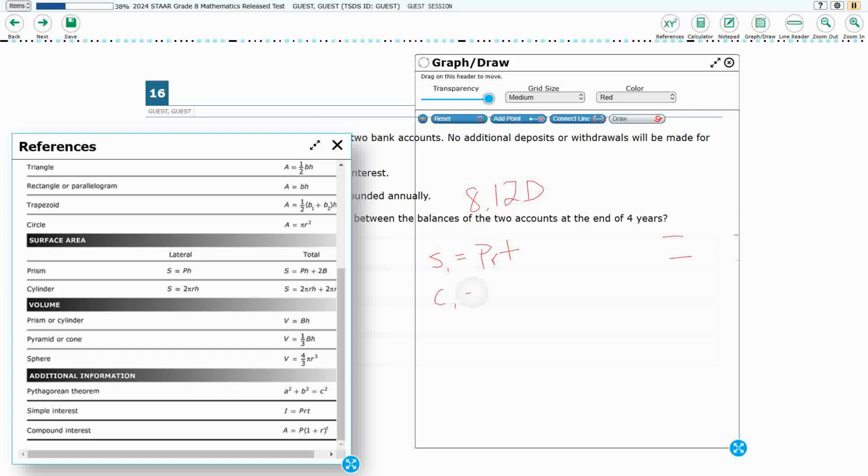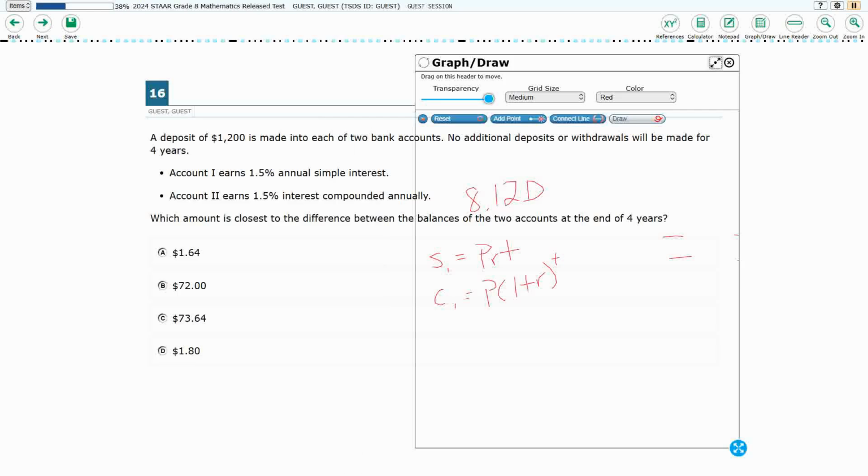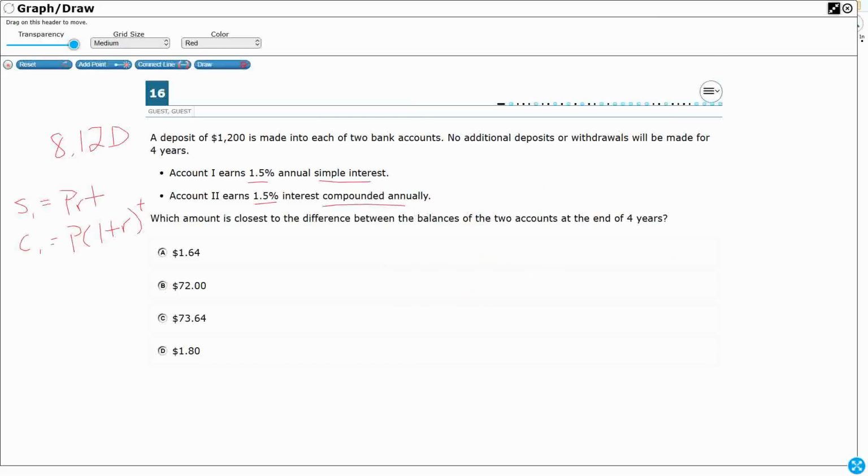C sub I is going to equal P times 1 plus R, raised to the T power. Now, here's the kind of scary thing: the simple interest simply finds me the interest. The compound interest actually finds me the entire balance. So I want to find both of them, and then we'll just have to put the larger one first and subtract.